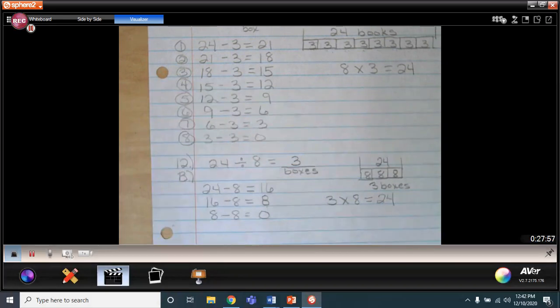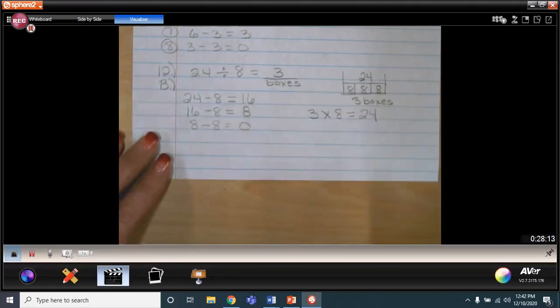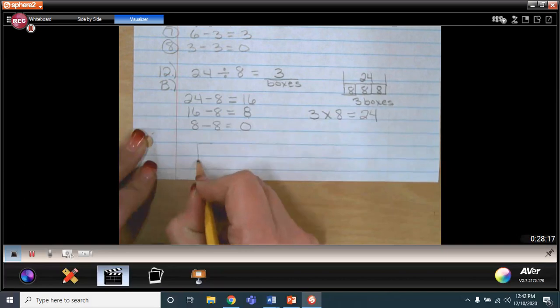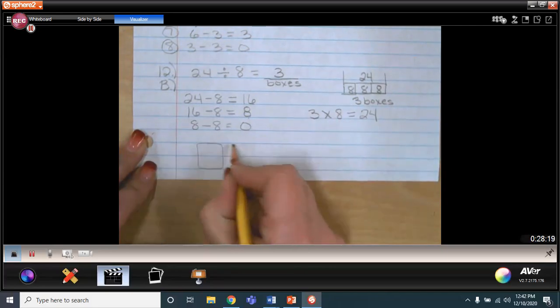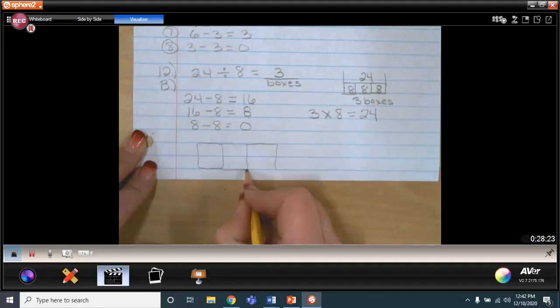Number 14, Tony has 6 tulips and 6 daisies. She wants to put 4 flowers in each vase. That's tricky, because what you're doing is you want to find the number of tulips in a vase. I'm running out of room here, but if you think about a vase, here's a vase, and she's putting the daisies and the tulips into the vases.